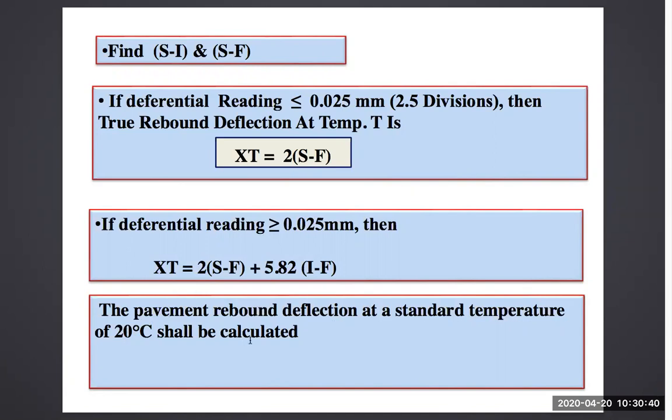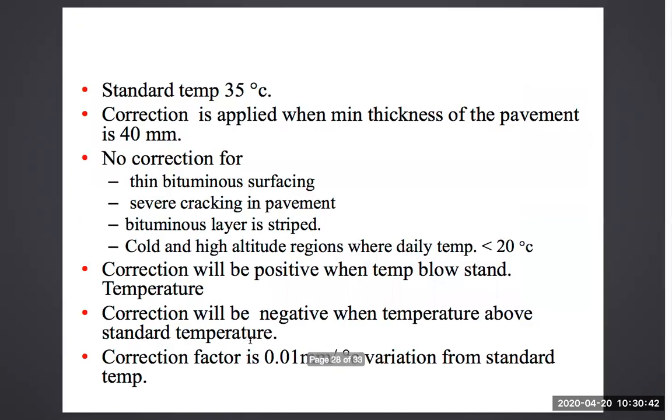Okay, so the effect of temperature. Now the standard temperature, as I told, is 35 degrees Celsius. If your pavement is above or below this standard temperature, then we need to go for correction. Correction is applied if the bituminous layer is 40 mm and above.